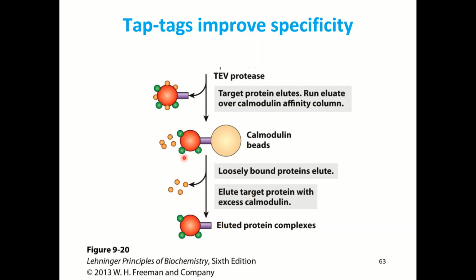And if we do this sequentially, we can see which proteins are loosely bound, and then we can elute our protein of interest and the strongly bound interaction, the proteins that are more strongly bound to it, by adding excess calmodulin to that column.